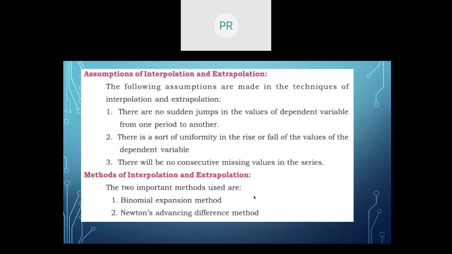What you are going to study now is an extension of the method you have already studied. In your first year, one of the values was missing, either an interpolation or an extrapolation value. Whereas now we are going to estimate one interpolation and the other extrapolation simultaneously.